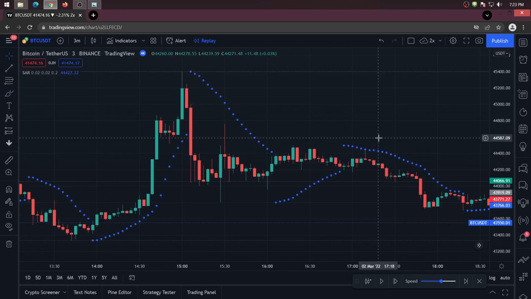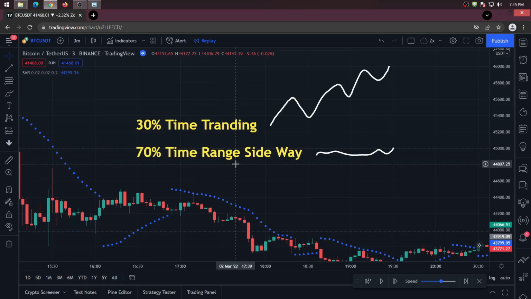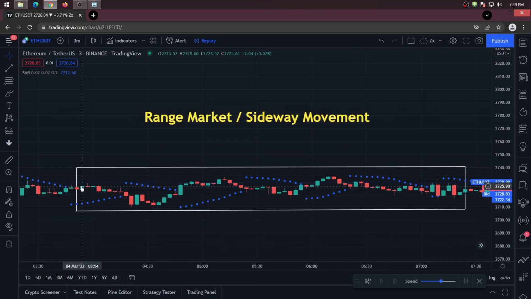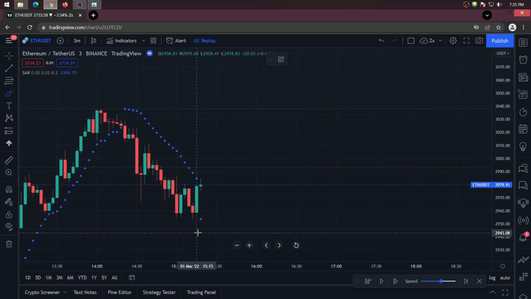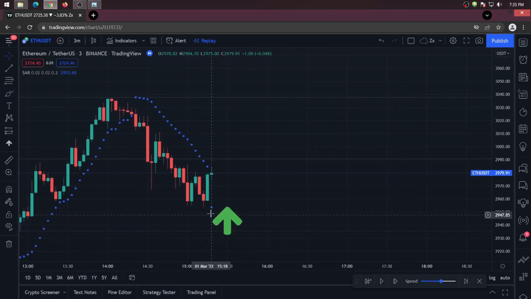And the horrible thing is that the market stays trending 30% of the time and ranging 70% of the time, and the parabolic SAR is not able to handle the ranging market. Also, the parabolic SAR provides false signals when the market is moving sideways or ranging. And another problem: in this chart you can see the parabolic SAR below the candle, which means an uptrend is coming.